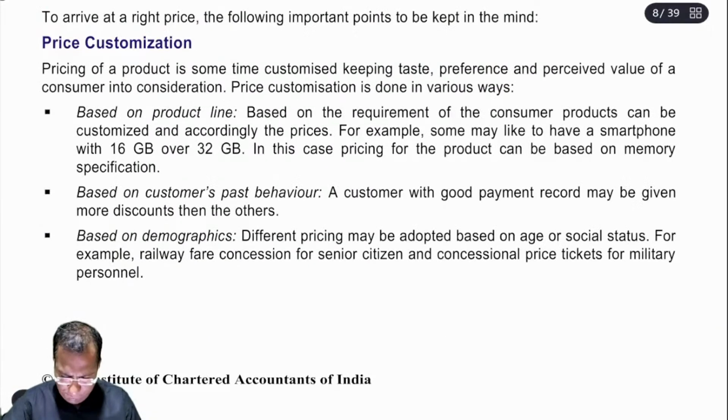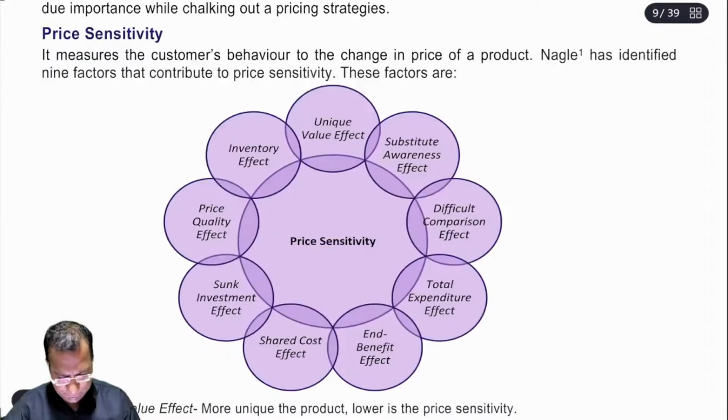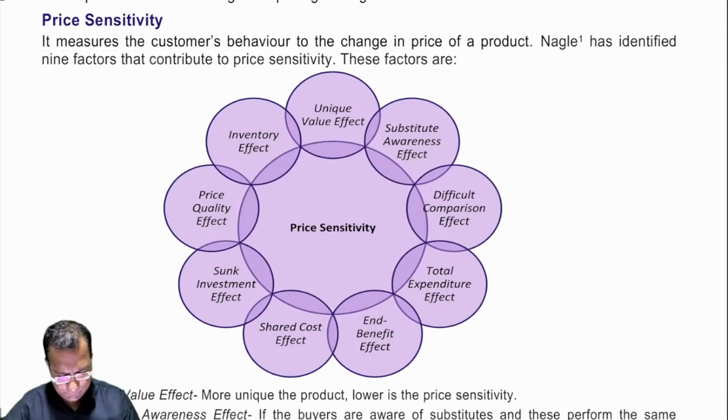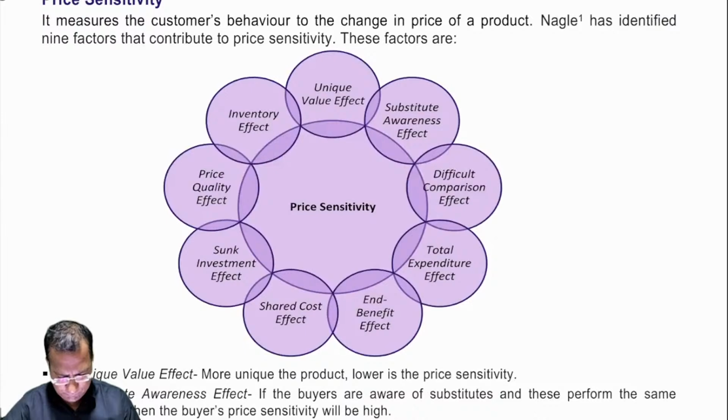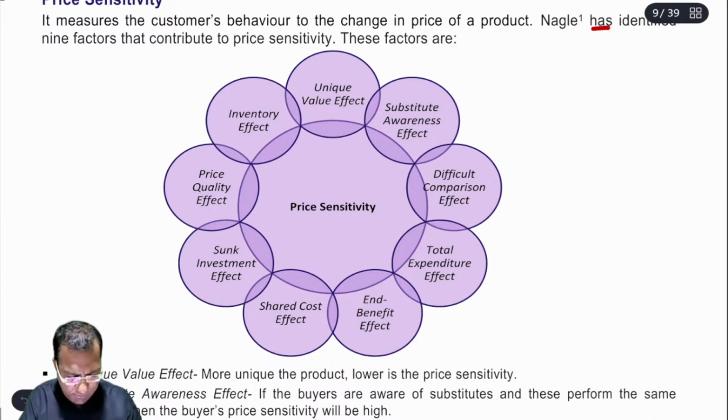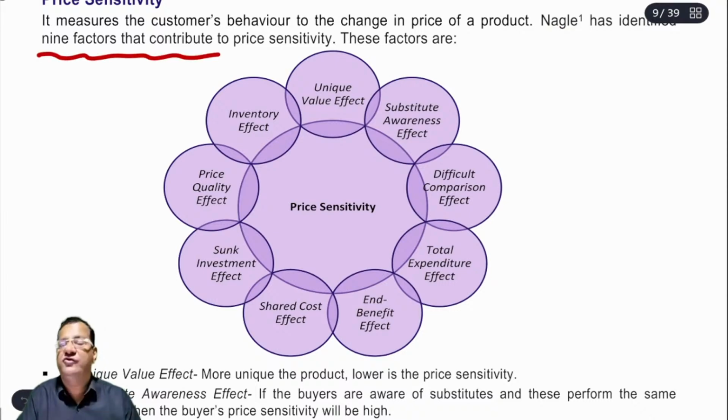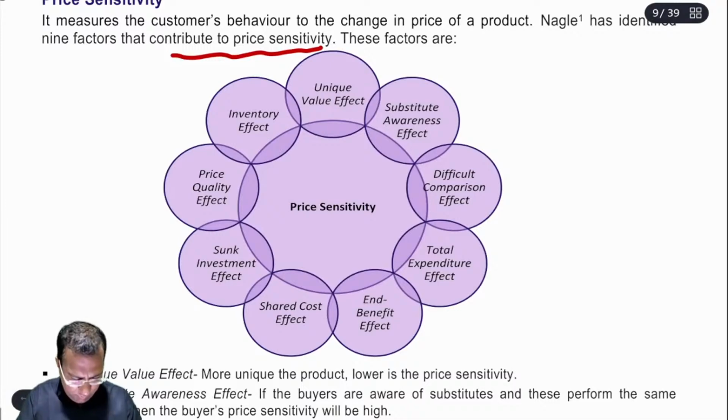Please open page number 9. Mr. Nagle has identified 9 situations that contribute to price sensitivity, starting from unique value effect to inventory effect.